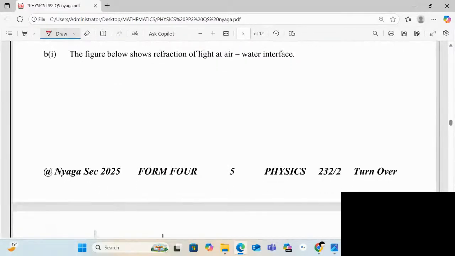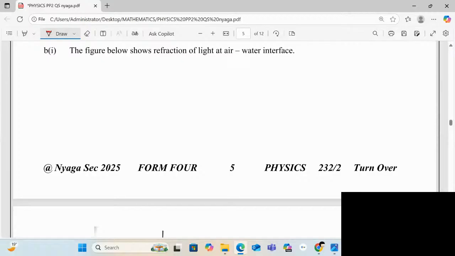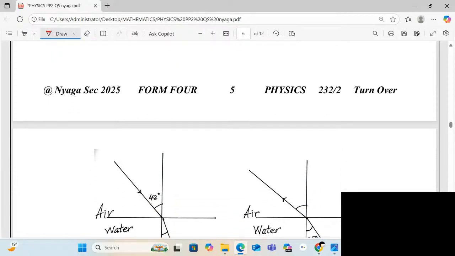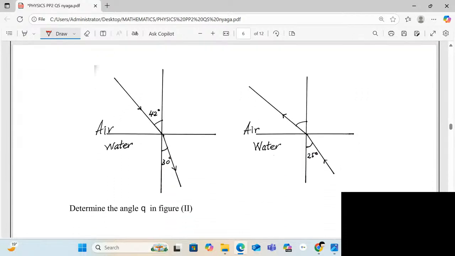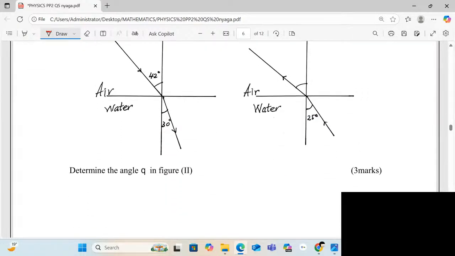Testing nowadays in the theory paper has shifted into theory explanatory questions rather than theory calculative questions. Therefore, do not be worried the moment you find that most of the work is explanatory questions.